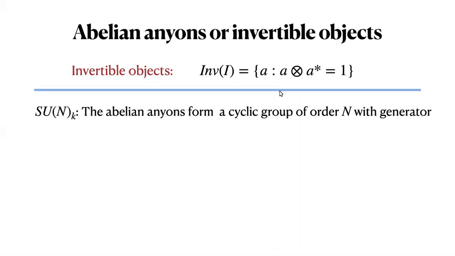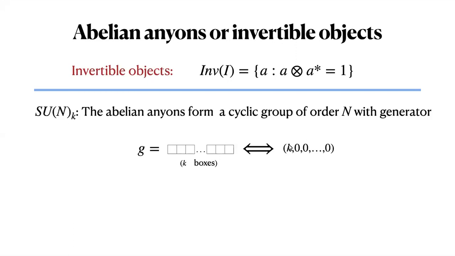So for example, in the case of SU(N) level K, the invertibles will form a cyclic group of order N, and the generator will be given by the simple object associated with the Young diagram of K boxes.